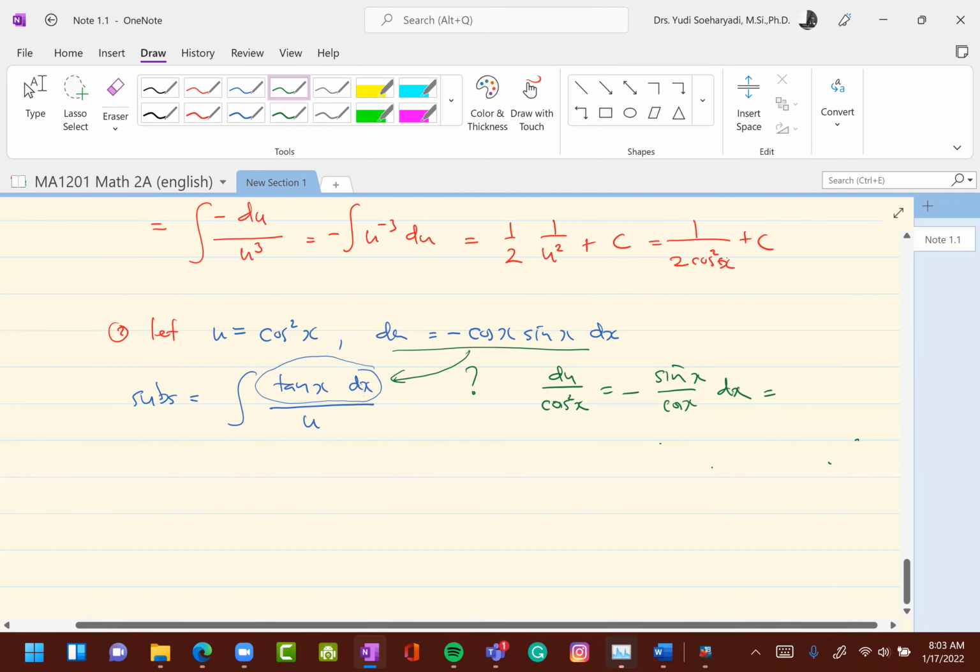So then this gives you negative tan x dx, and this is u.